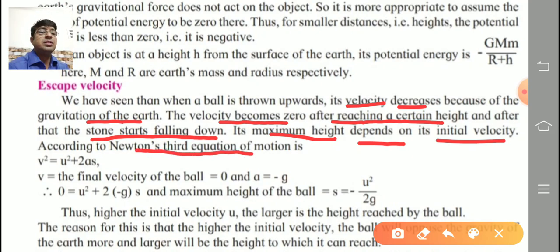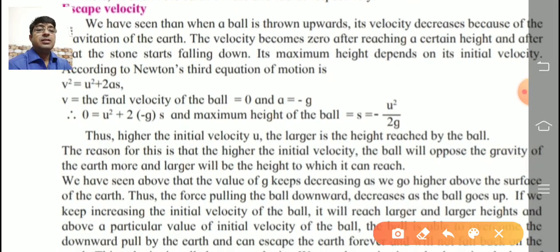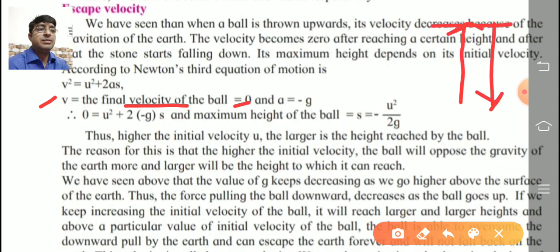According to Newton's third equation of motion, v square equals u square plus 2as. Now v means what? Final velocity of the ball, that is 0, because that ball reaches up to a certain height and again starts to fall down. So at this place, final velocity v is equal to 0.